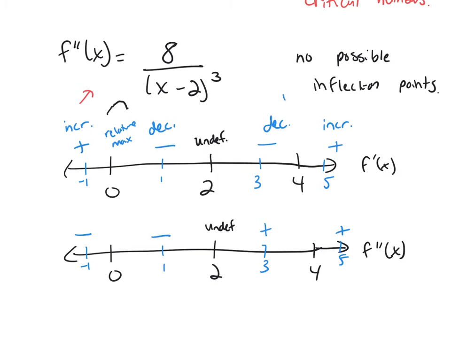Here my function was decreasing, then switched to increasing, this is a relative minimum. Okay. So on the second derivative, a minus means concave down. So both of those are concave down. A positive means concave up.